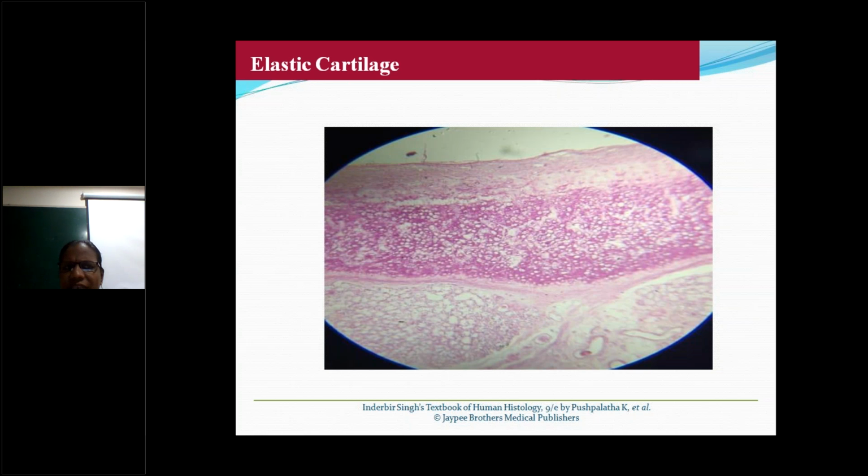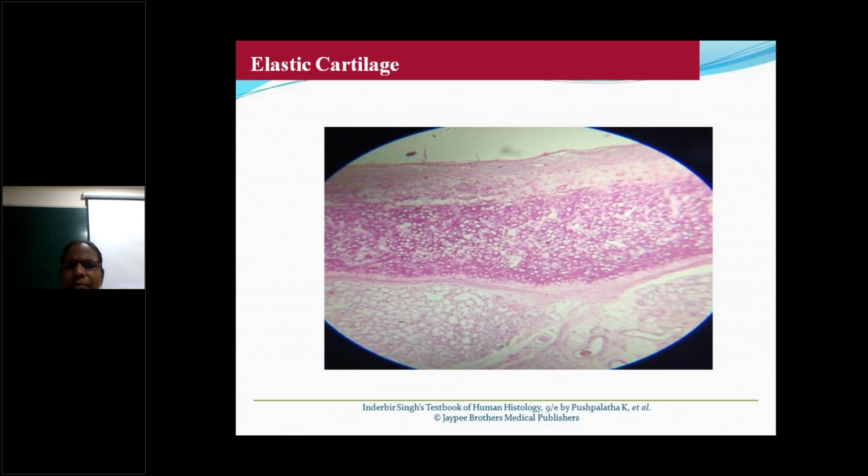In the discussion of elastic cartilage, they will ask what special stain is used for the elastic fibers: orcein or aldehyde fuchsin. We use the special stain to see the elastic fibers. So this cartilage we call elastic cartilage.